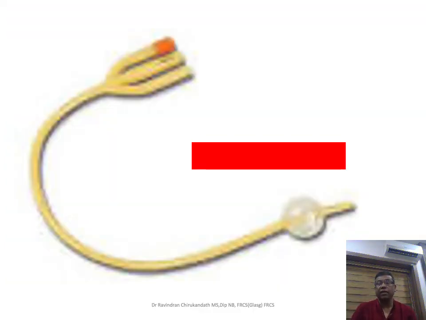Now, Foley's catheter can be 2 lumen or 3 lumen, and you all have used or seen a Foley's catheter, but you should know that as the number of the Foley's catheter increases, the diameter of the tip or the size increases.